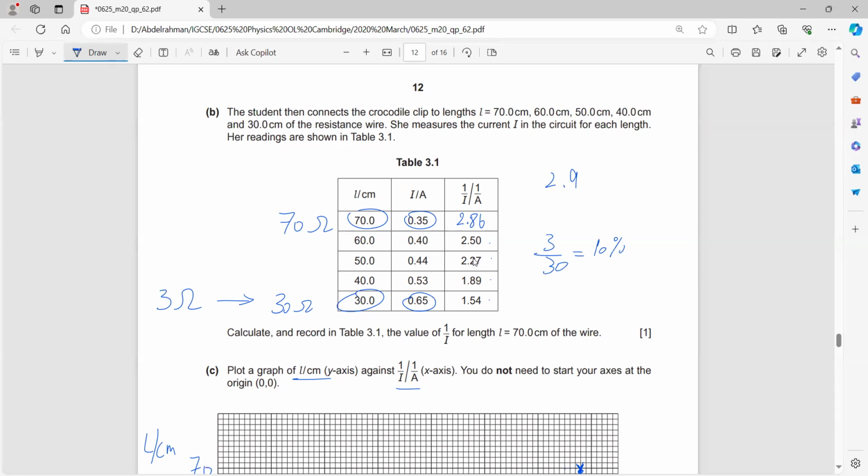But how much does the 3 ohms affect the 70 centimeter length? 3 over 70, which would be less than 5%, around 4%. So the percentage error would be much less. That's the whole point. It would affect the 30 centimeters much more than the 70 centimeters.